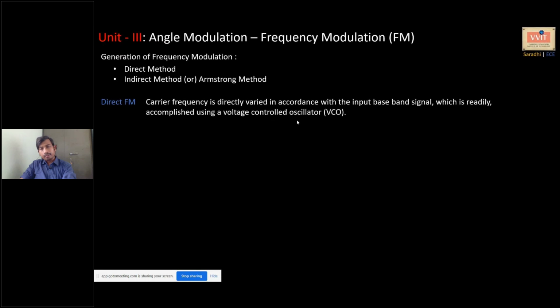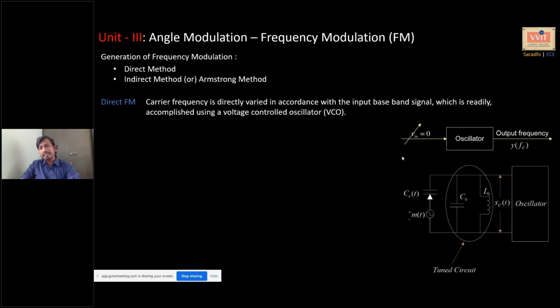Voltage controlled oscillator means that input is voltage and output is a sinusoidal signal whose frequency will be continuously changing based on the instantaneous value of the input voltage. So as input voltage changes, output frequency also changes. Because of that, this particular circuit is called a voltage controlled oscillator, or simply oscillator. The output oscillation frequency is determined by the input voltage.